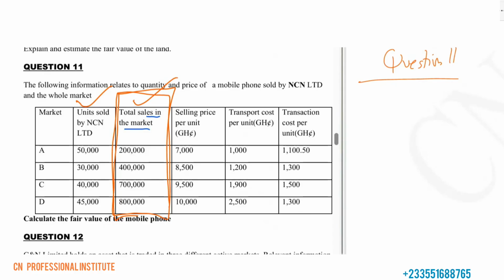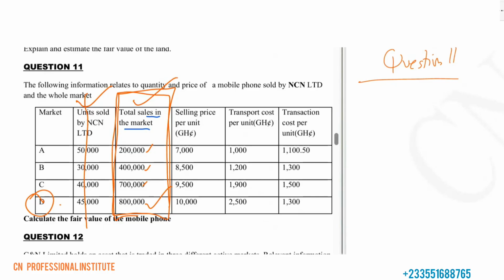Market D. Why market D here? In market D, we have 800,000 units. So 800,000 units can be sold in market D, and that's the highest if you compare to the others. So market D here is the principal market. Why? It is the market in which we can sell the greatest quantities. And once again, I told you we are not going to use the units sold by only one entity. We're looking at total sales in the market, right?